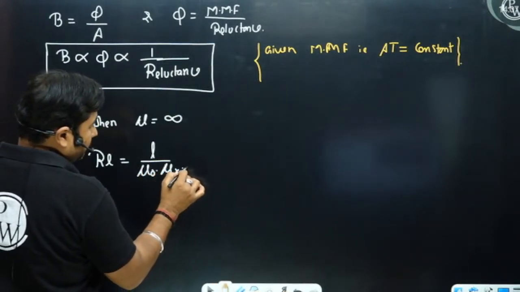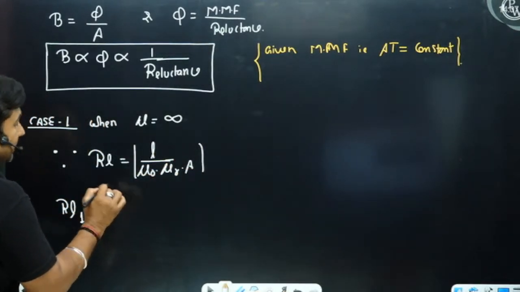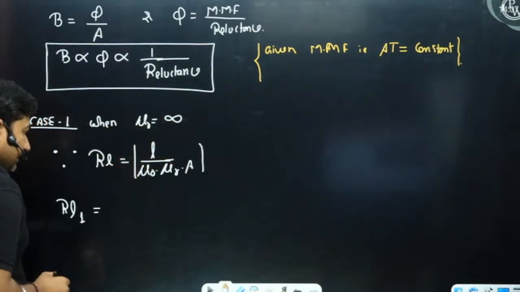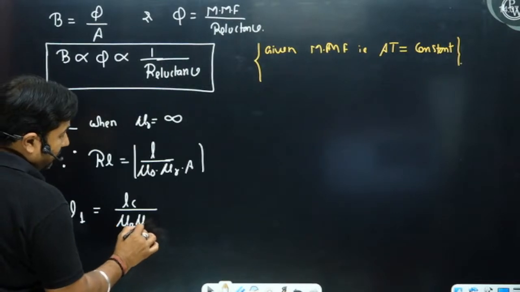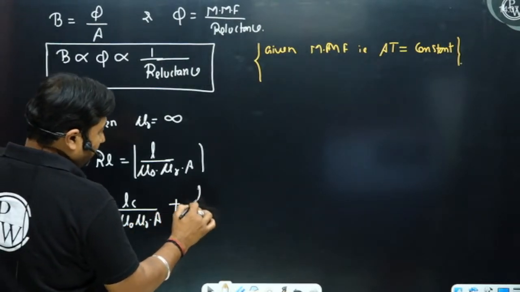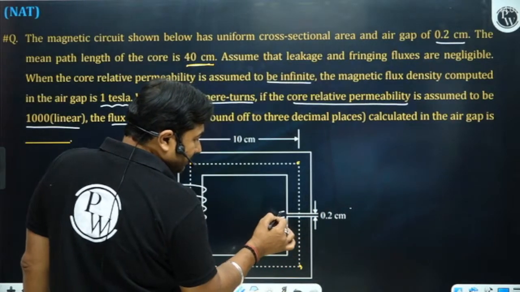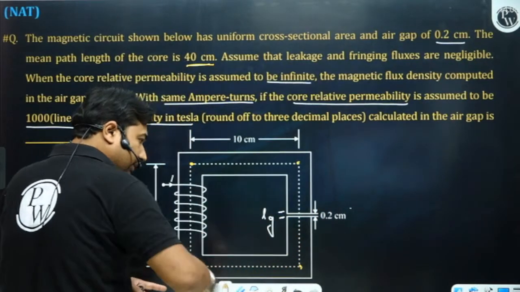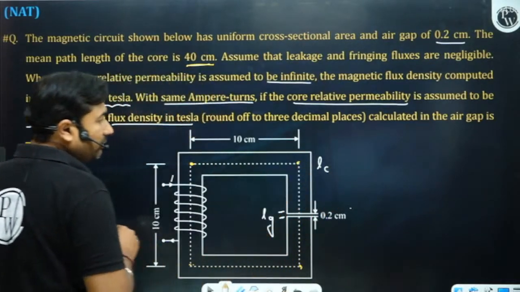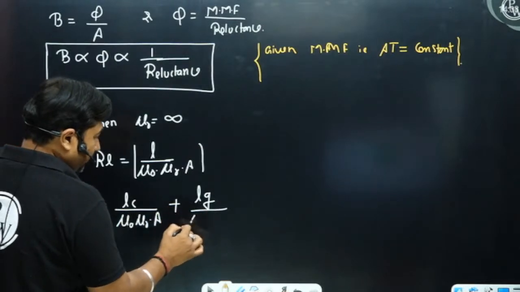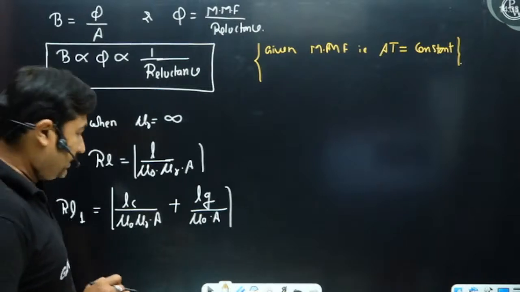So the reluctance in the first case, when the relative permeability of the material is infinite, is Lc upon mu naught into mu r into A, plus Lg upon mu naught into A. I am considering the air gap length as Lg and the length of the material, the core, as Lc. For the air gap we take relative permeability as 1.